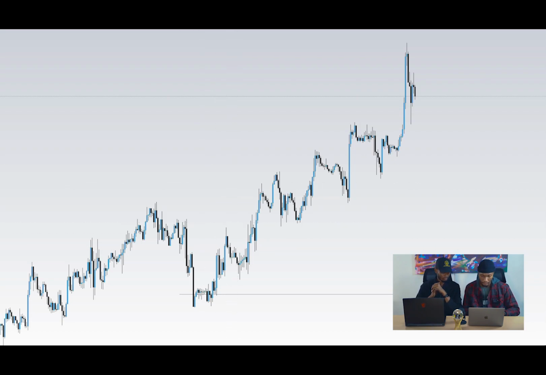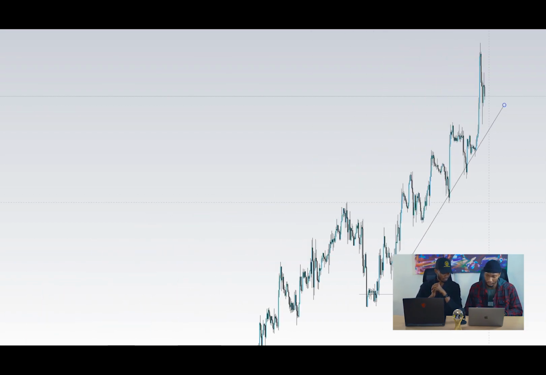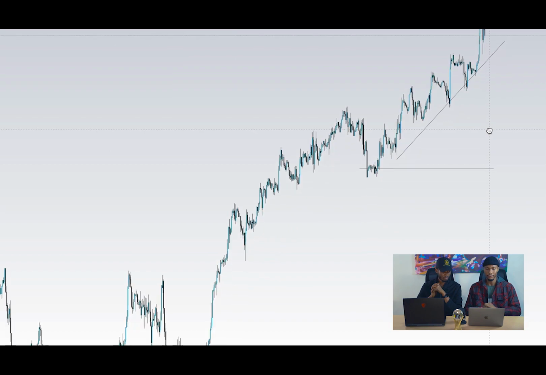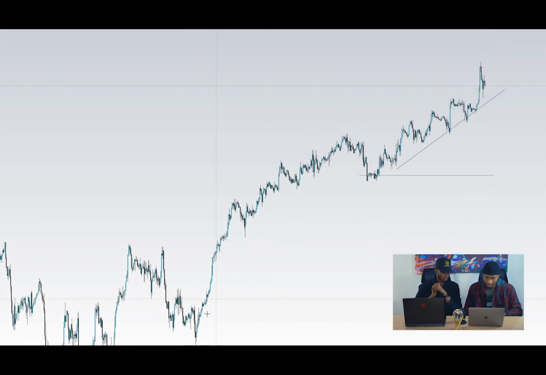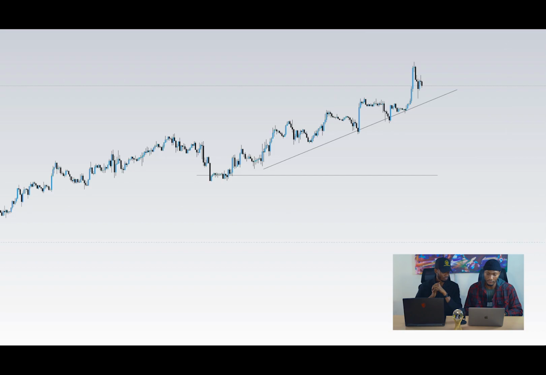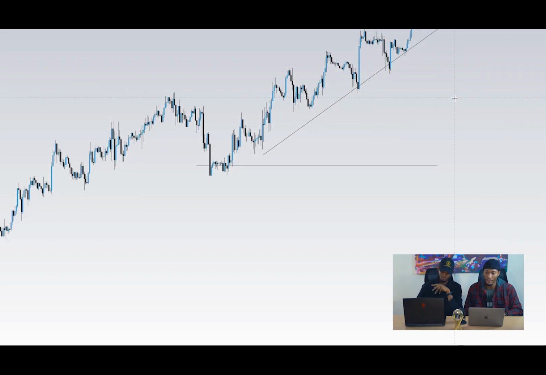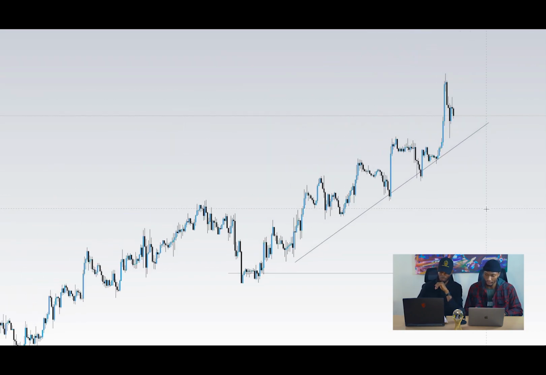As you can see, price was trading upwards, fully. The whole of last month was trending upwards. So US 30 was a full buy, on a complete uptrend from last month to this month.